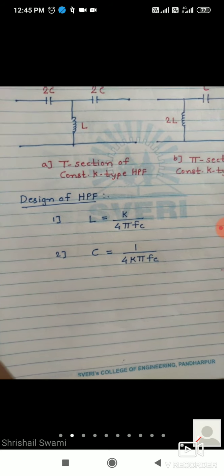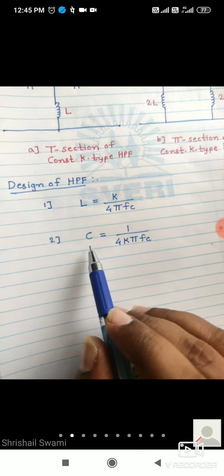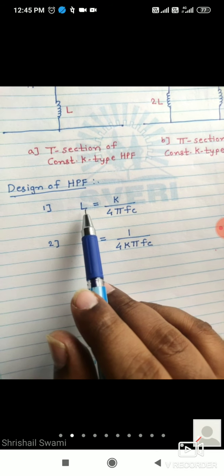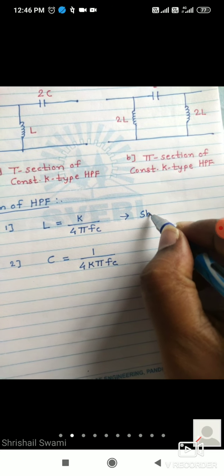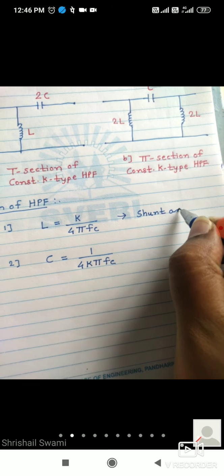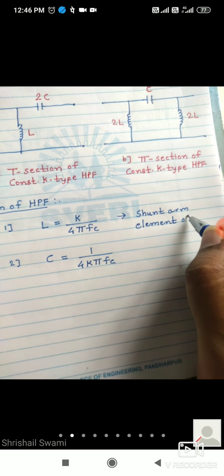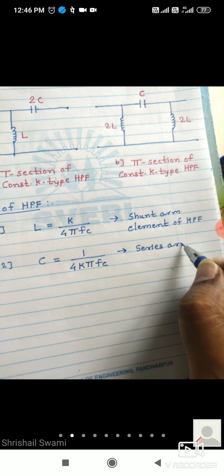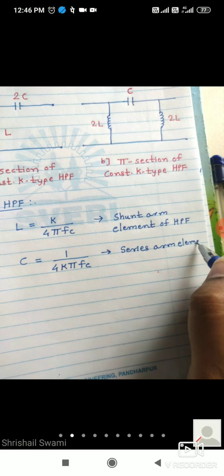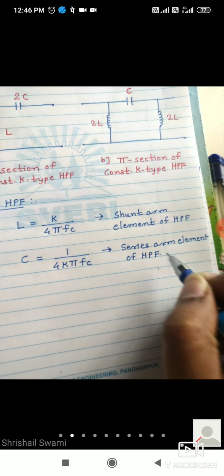Understood? So these are the two equations we need for the calculation of the series arm element, that is the capacitor, and the shunt arm element, that is the inductor. L is called the shunt arm element of the HPF, whereas the capacitor is called the series arm element of the HPF.